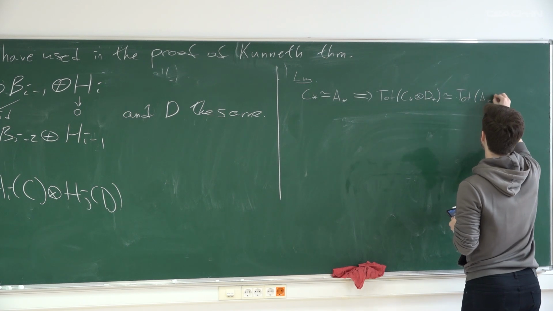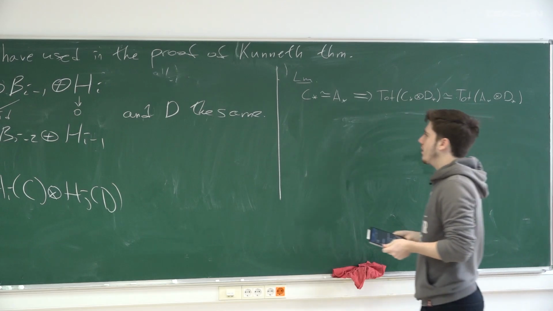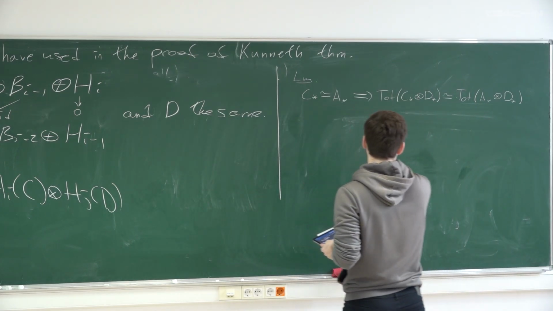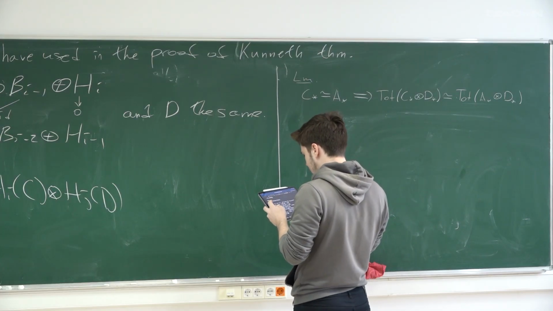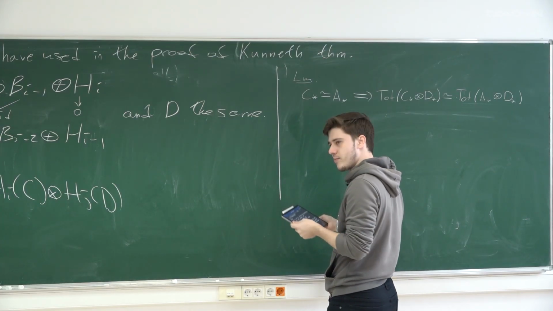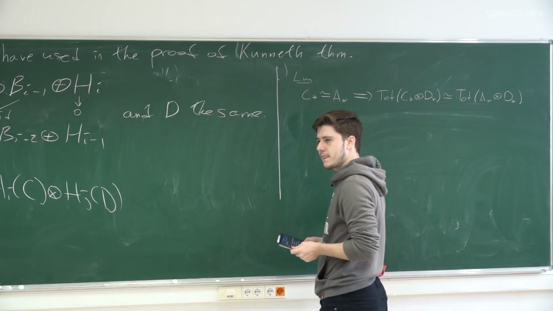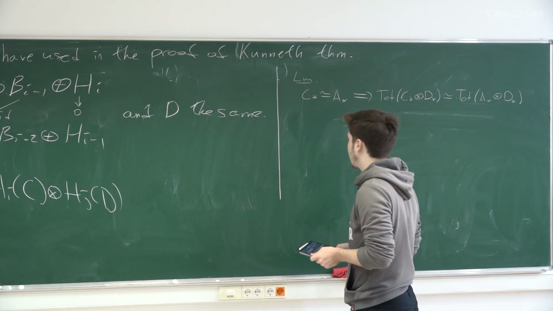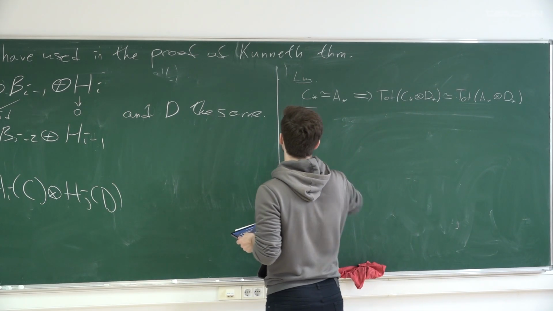Just like this. I think it's more or less obvious. The proof is just by direct calculation. You can construct a homotopy on the tensor product by the identity homotopy on D and the homotopy on C between them. Okay, just tensor product. So this is obvious.